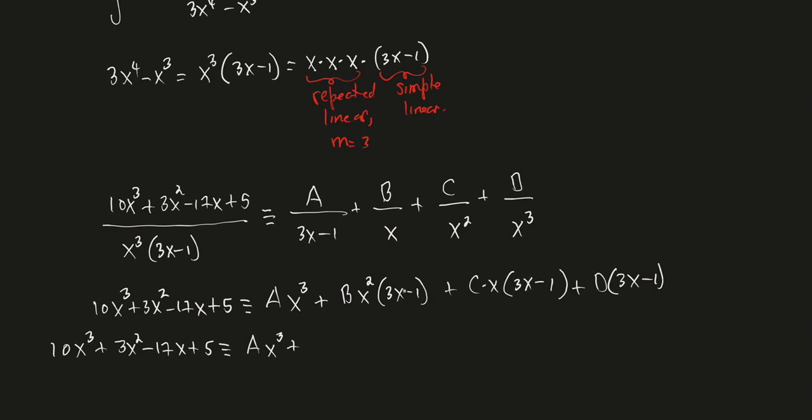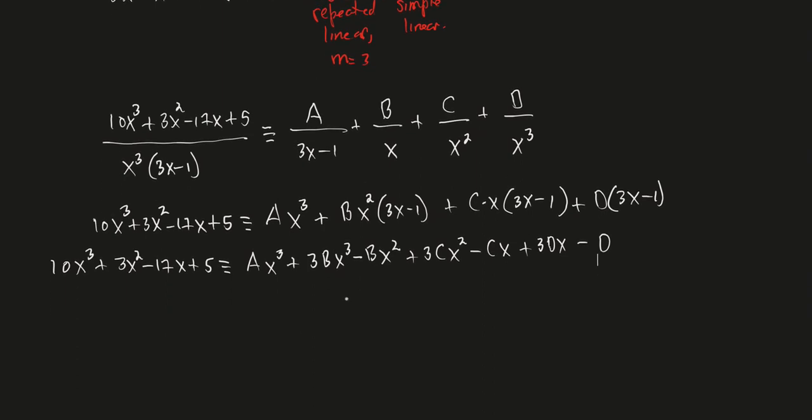And let's go ahead and distribute this, so we'll have a 3bx cubed minus bx squared. Let's distribute the cx, so we have a 3cx squared, and then minus cx, and then finally 3dx, and then a minus d. All right. So again, let's group all the like terms together.